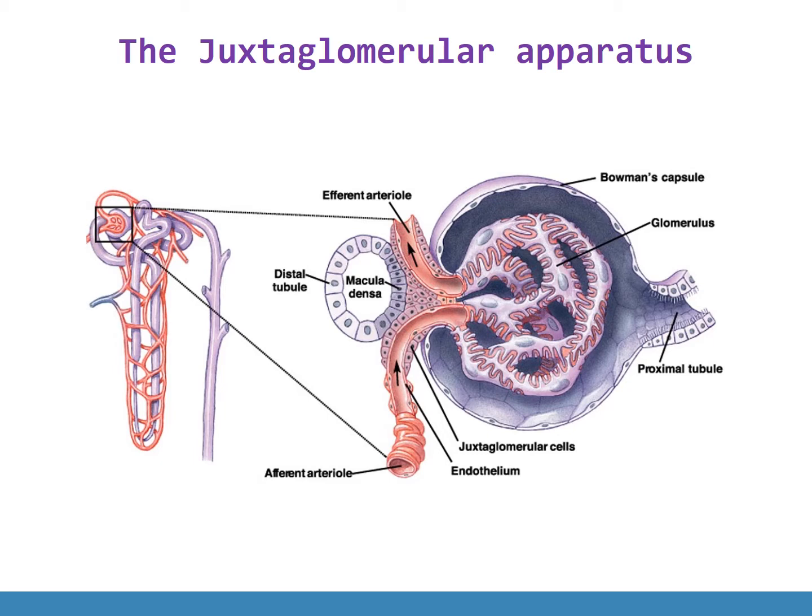The cells in this region are specialized to form what is known as the juxtaglomerular apparatus, and this has a very important role in the regulation of renal function, as we will see towards the end of this lecture.